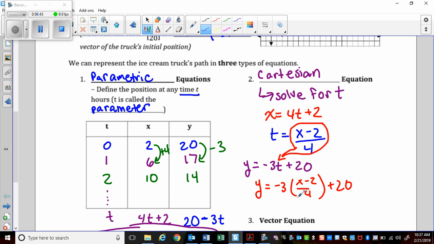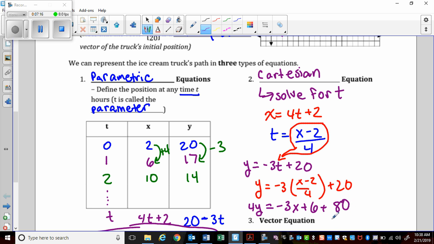You can simplify this, distribute that negative 3, or we can multiply everything by 4 to get rid of that denominator. Everything by 4 though, even the y. So I have 4y equals, distribute this negative 3, negative 3x plus 6, right? And then 4 times 20 is 80.